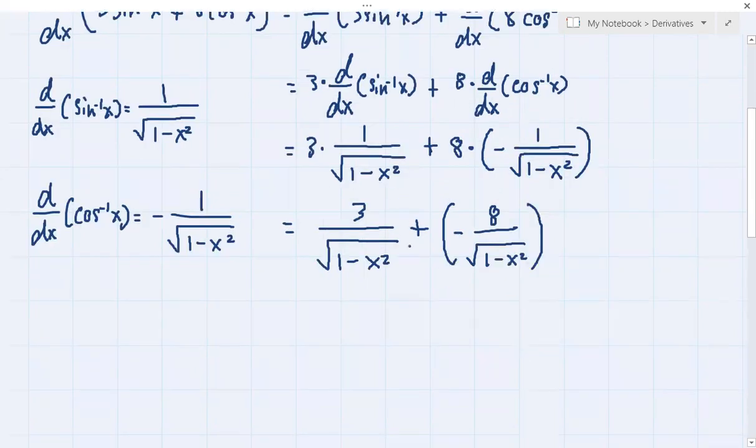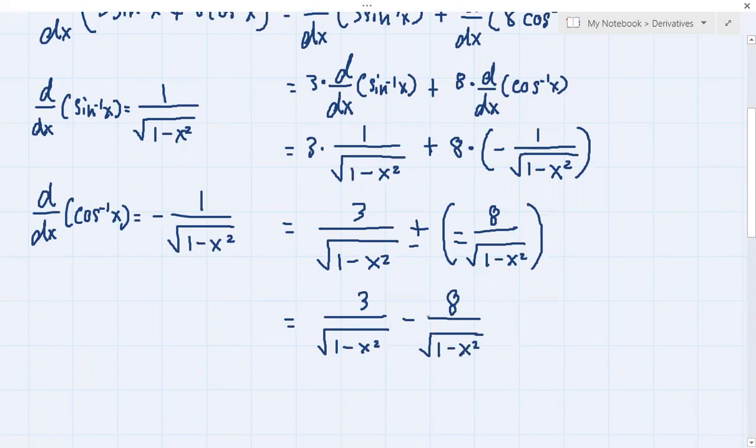And as you can see, meron tayong positive at negative sign, magkadikit. So, positive times negative is negative. So, magiging minus sign na to. Alright? So, we will have minus 8 all over the square root of 1 minus x squared.